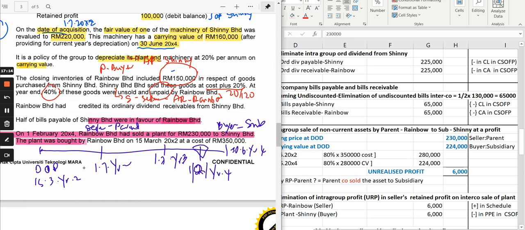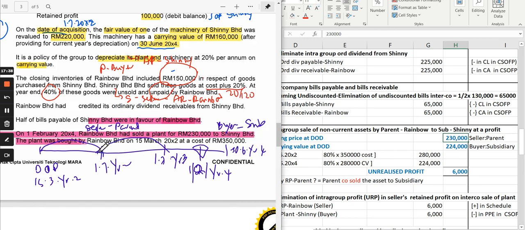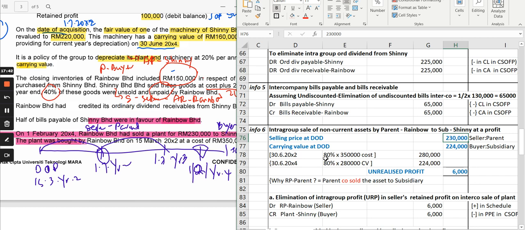So basically, you need to find out the carrying value in the current year. So you need to find out what the carrying value is after 2 years of acquisition, because the intercompany sale of asset took place in the current year. Therefore, if you do that, by 30th of June, year 2, here, you are to find the carrying value.